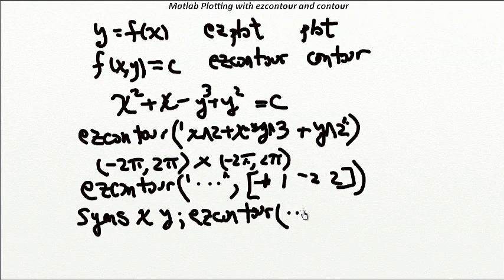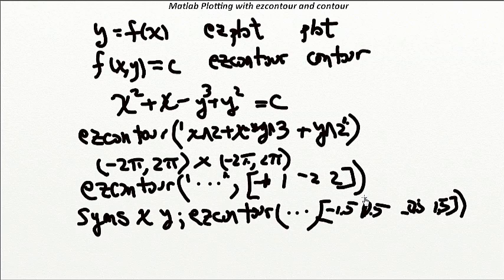So again, let's just write dot dot dot for the same expression, the polynomial x squared plus x minus y cubed plus y squared, and this time let's use a slightly different interval, which is one I will use in a moment when I issue the MATLAB command, minus 1.5, 2.5, minus 0.5, and 1.5. And in fact, looking back at my notes, this one is 1, not a 2.